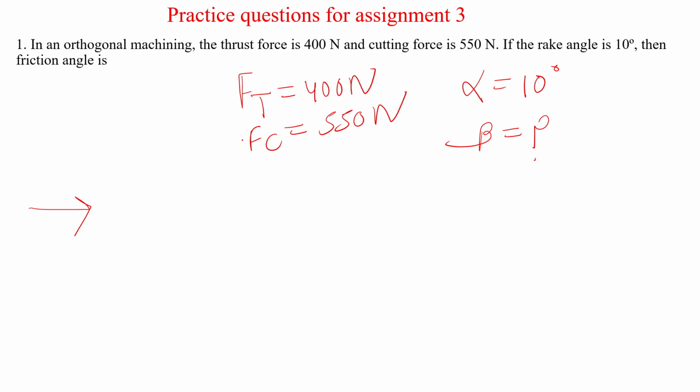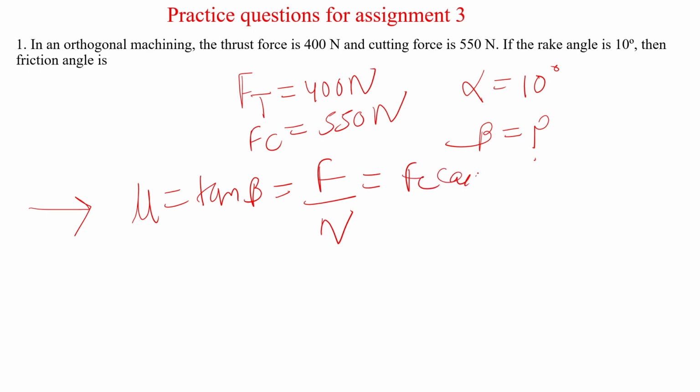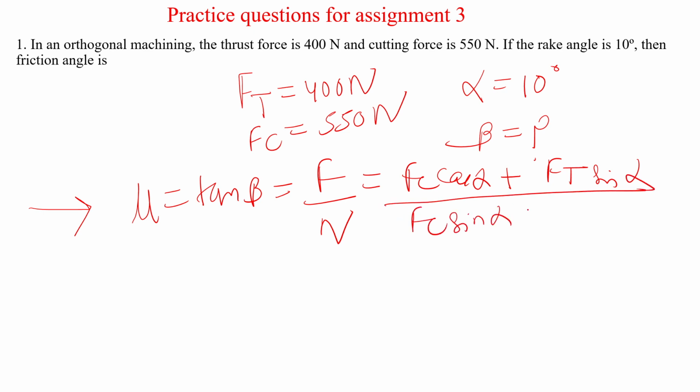You have Fc and Ft. So mu is equal to tan beta, where beta is the friction angle, which is F upon N. F is Fc cos alpha plus Ft sin alpha, and N is Fc sin alpha minus Ft cos alpha. Just put the values of Fc, Ft and alpha, then you'll get the value of tan beta.